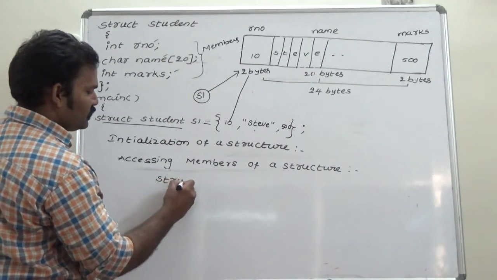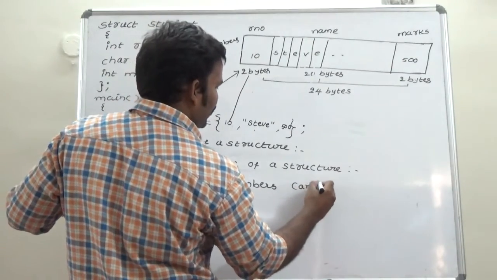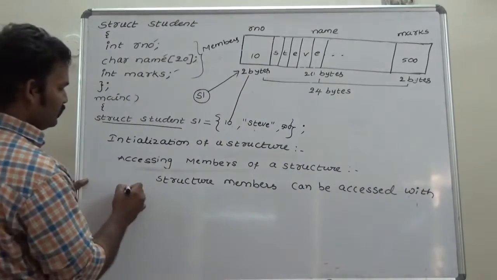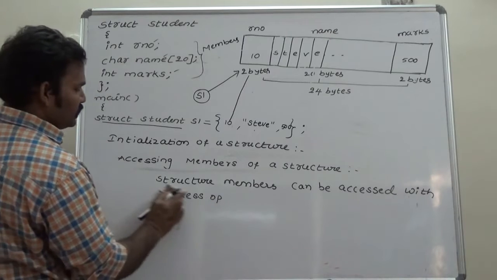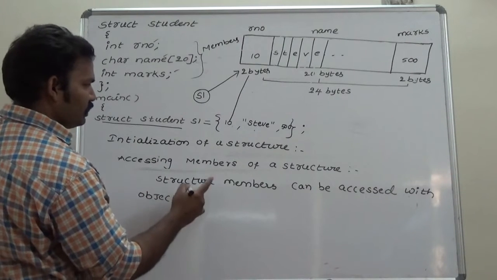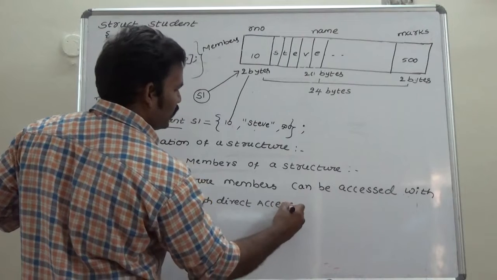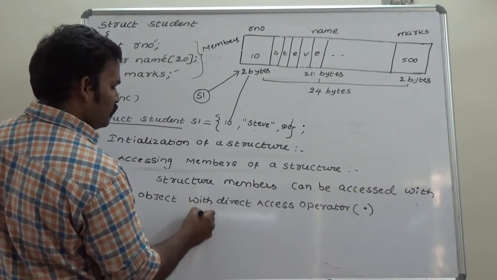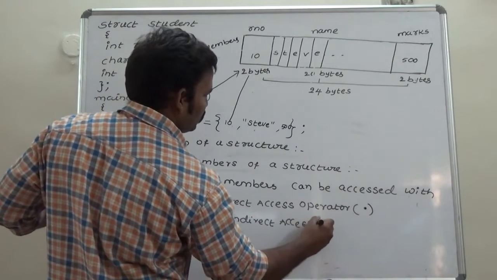Structure members can be accessed with the object, with the direct access operator, which is the dot, or the indirect access operator.